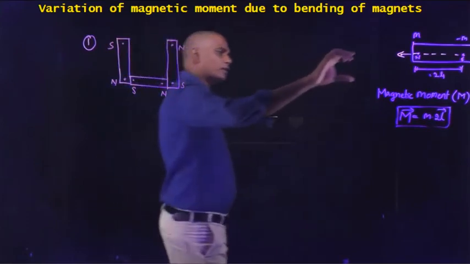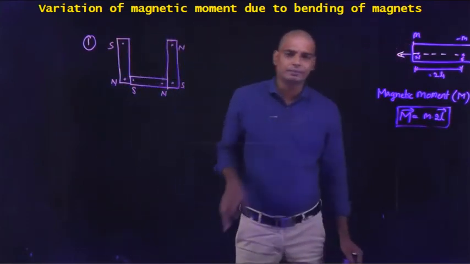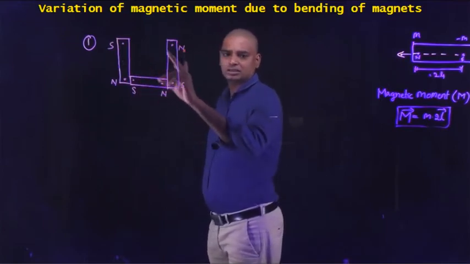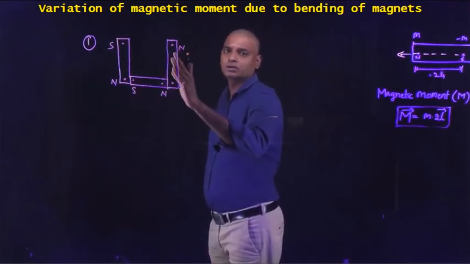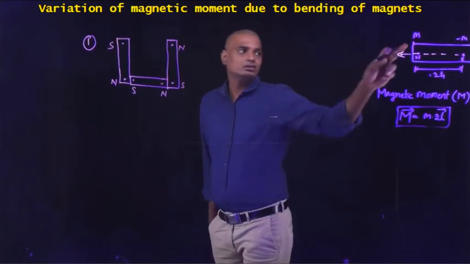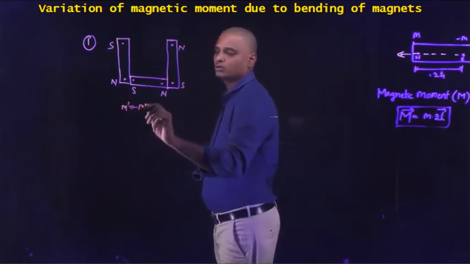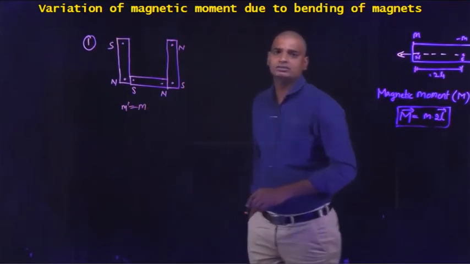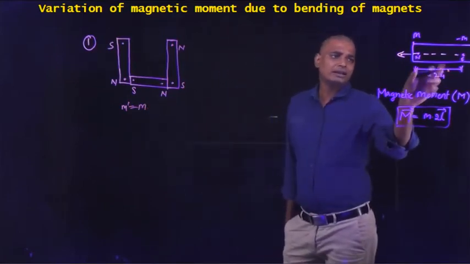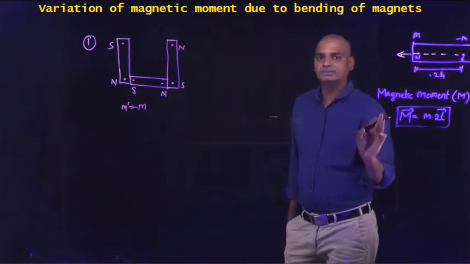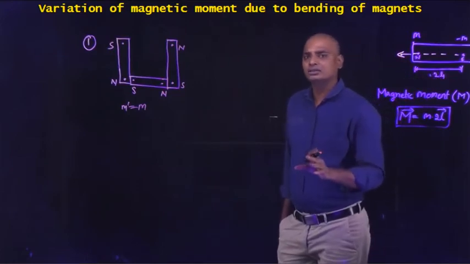From this bar magnet whose pole strength is m, the new pole strength for the three magnets, when it is bent in the form of a U shape, remains the same. So pole strength m dash is equal to m. But as this bar magnet is bent in the form of U, the magnetic length 2L decreases.